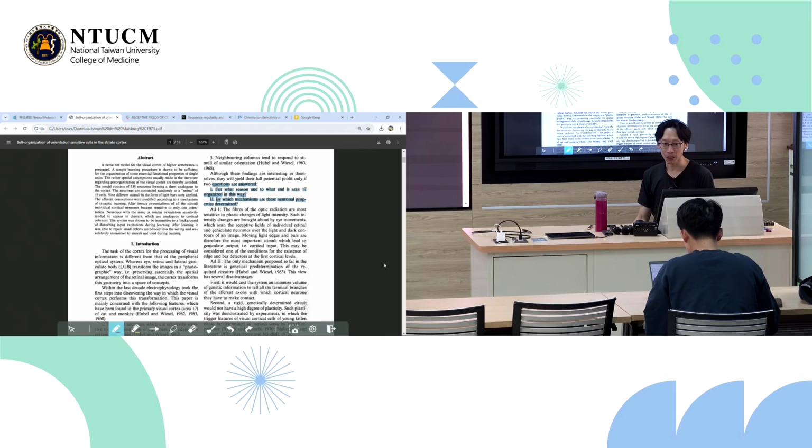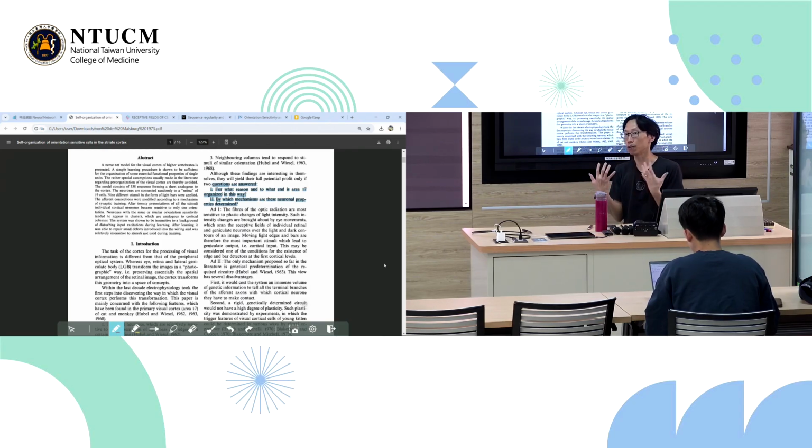So the question that drove von der Malsburg was whether it has something to do with the way that the neurons organize themselves. Not about those biological properties, but because these V1 neurons are somehow growing together like this.